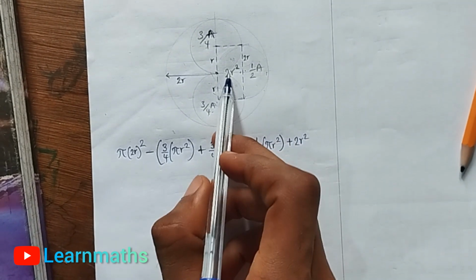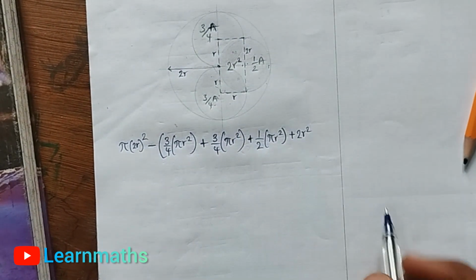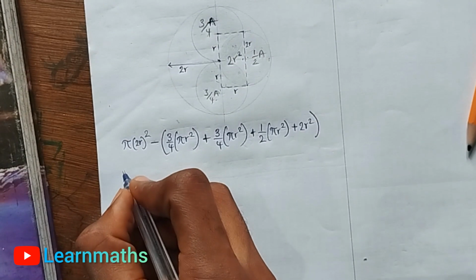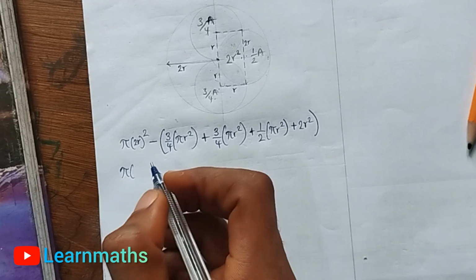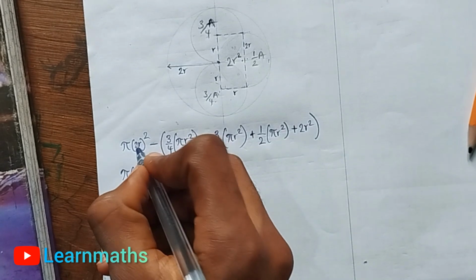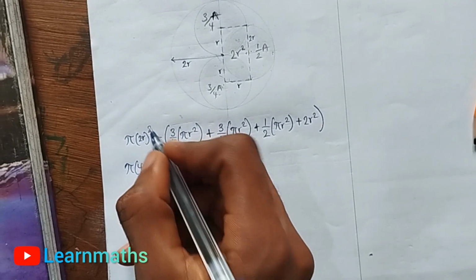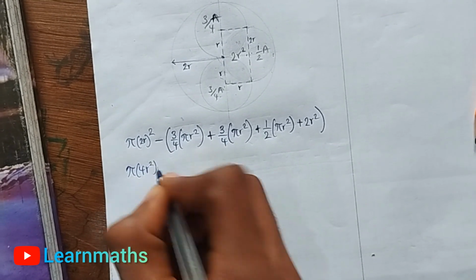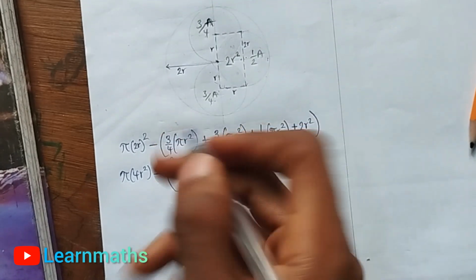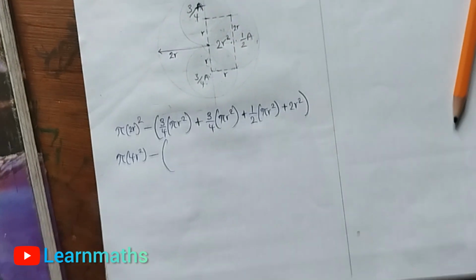That's the area of the rectangle, 2r squared. We subtract that as well, right? All right, so this is the area of the outer circle. Let's actually simplify that. That's going to be 4, 2 squared is 4, r squared stays r squared. Subtracting, you sum up everything in this bracket, then you subtract it from this, right?